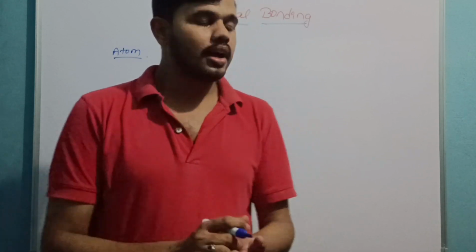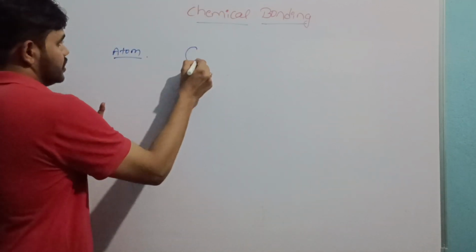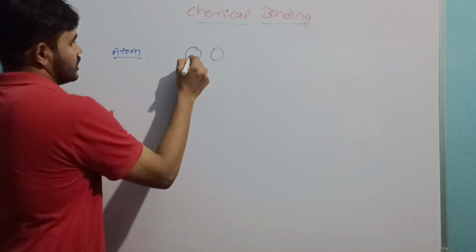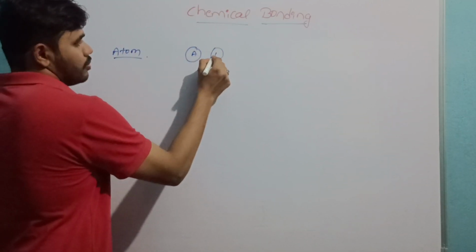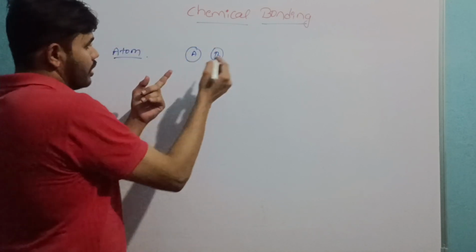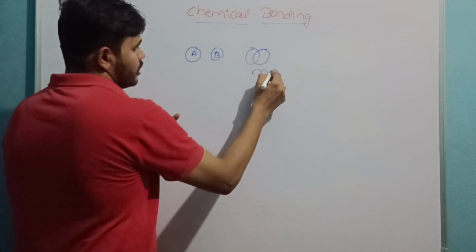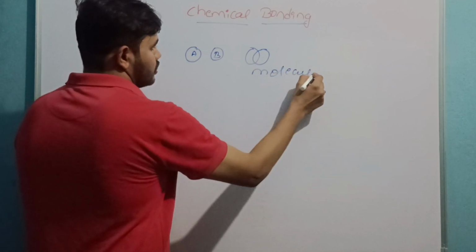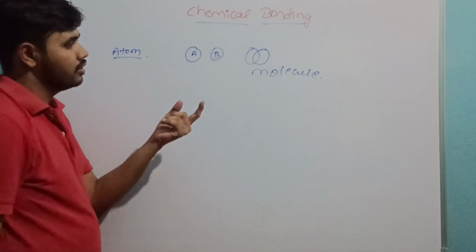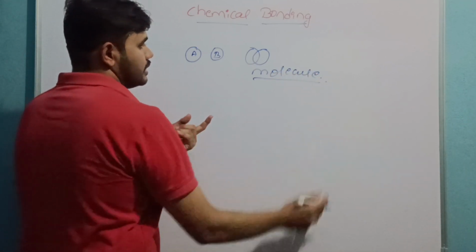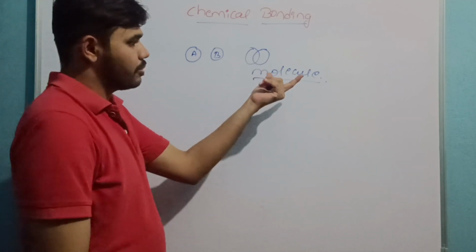If two atoms combine, for example, A with atom 1, B with atom 2, they can form a molecule. Now we are going to learn the reasons for the formation of the molecule.